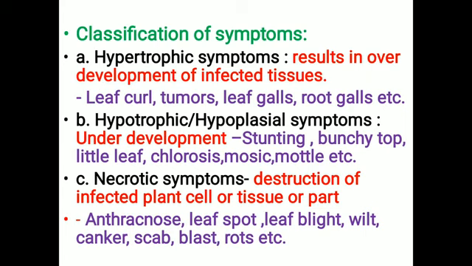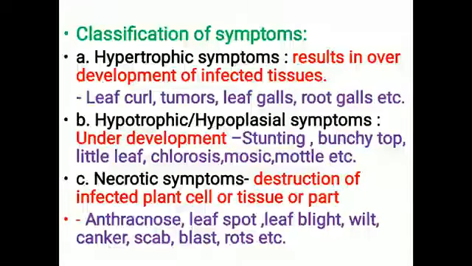Simple examples are anthracnose, leaf spot, leaf blight, wilt, cankers, blast, etc. So these are the classifications of symptoms: hypertrophic, hypotrophic and necrotic. Among them, necrotic symptom is most important.